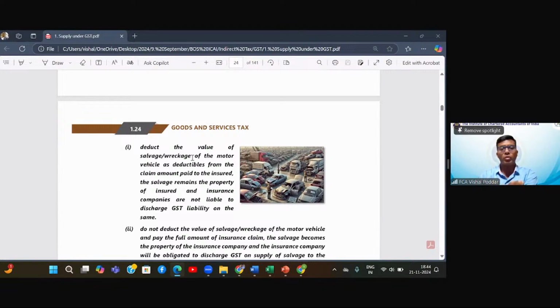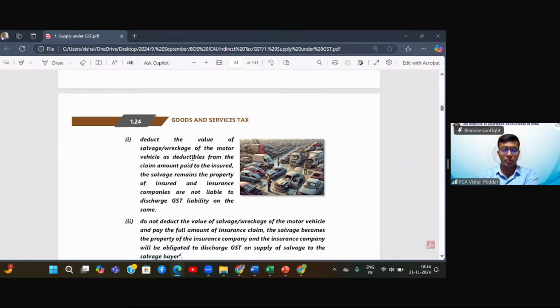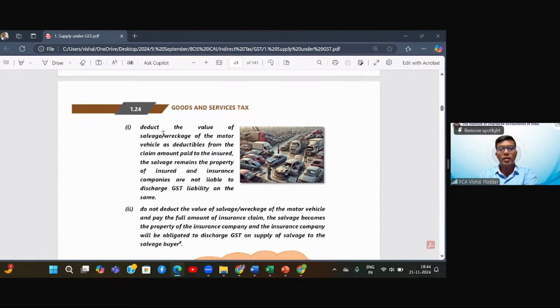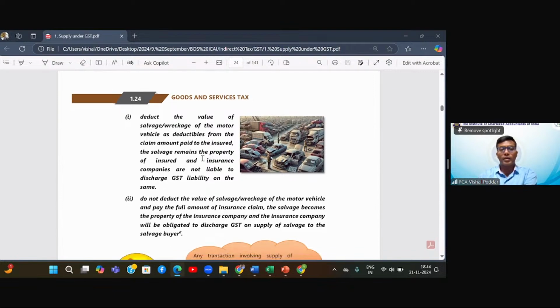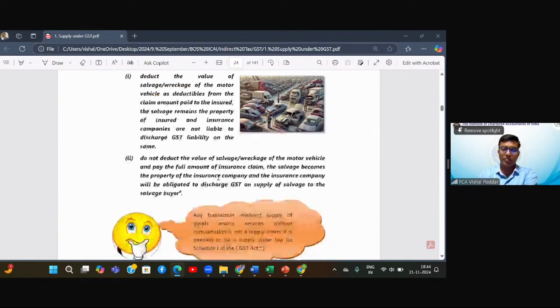So they will say, okay, you keep this scrap, you sell it as scrap, get your 20,000, and I will pay you 5 lakhs minus 20,000. So what they are doing is deducting the value of salvage of the motor vehicle from the claim amount. So instead of paying me 5 lakhs, they are paying me 4 lakh 80 thousand. The salvage remains the property of the insured. So the scrap is my property and the insurance company is not liable to discharge GST on the same.